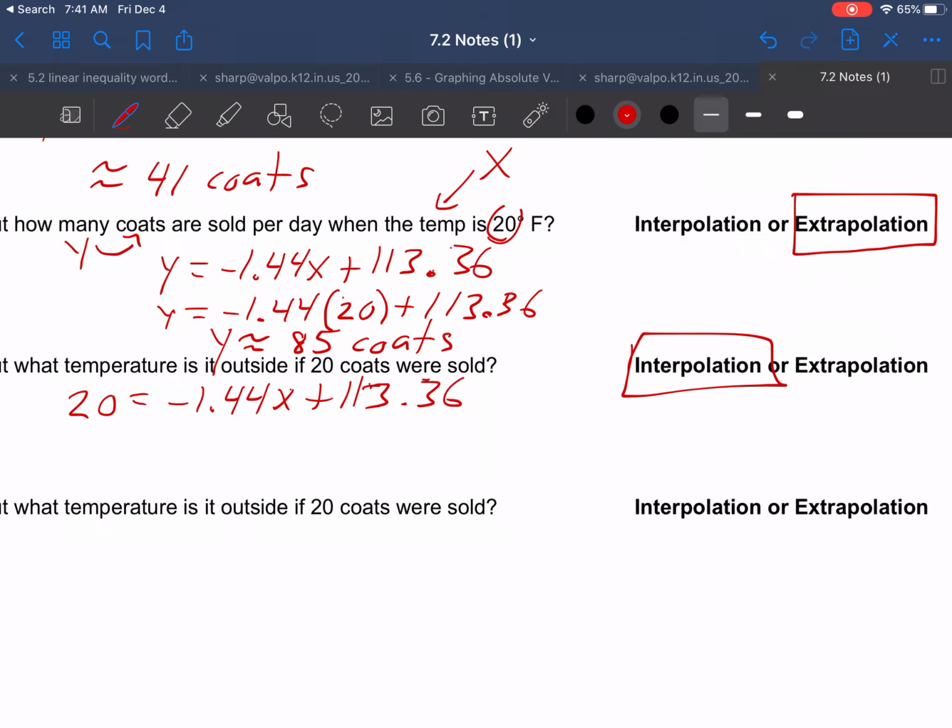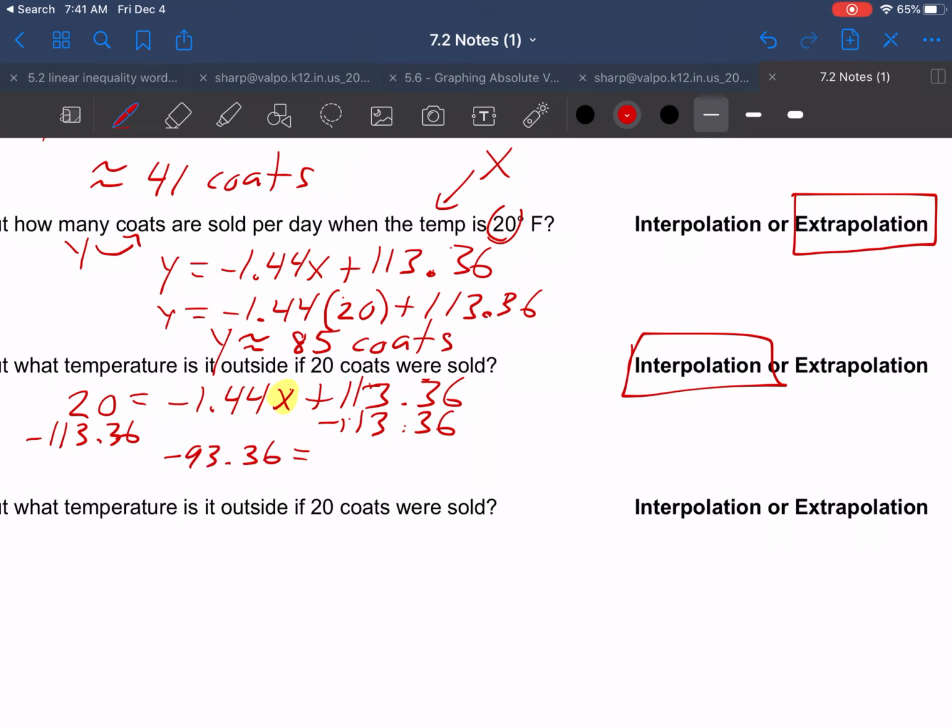113.36. So I need to solve for this x value right here, which means to get that x value alone, I've got some work to do. I have to subtract 113.36 from both sides. So 20 minus 113.36 gets me a negative 93.36.